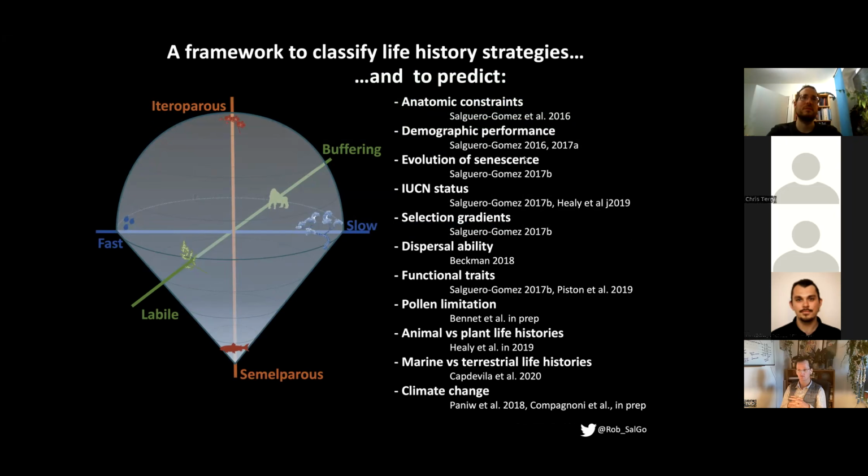It takes three, rather than just counting how many electrons and how many layers of electrons, we need to count how fast or slow living creatures are, how the schedule of reproduction gets orchestrated throughout the lifespan of the organism, and how buffering or how labile different species are to the environment.